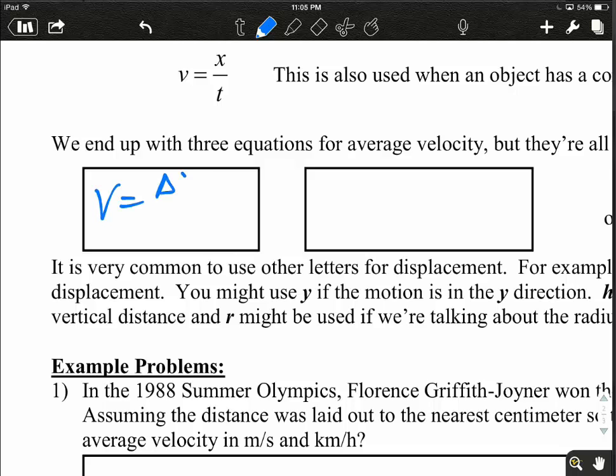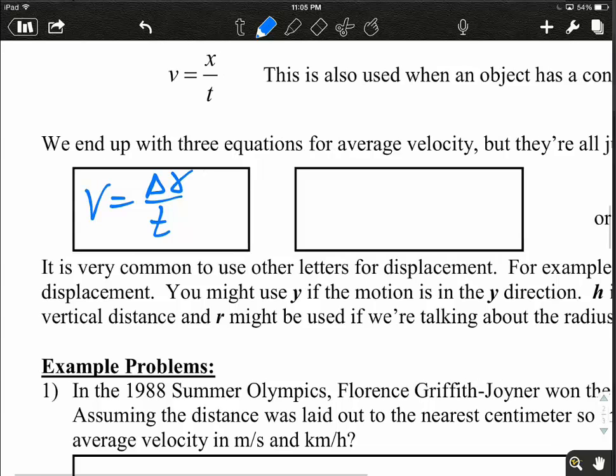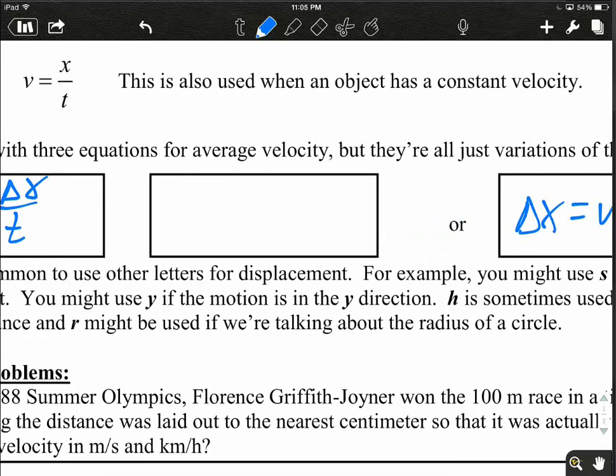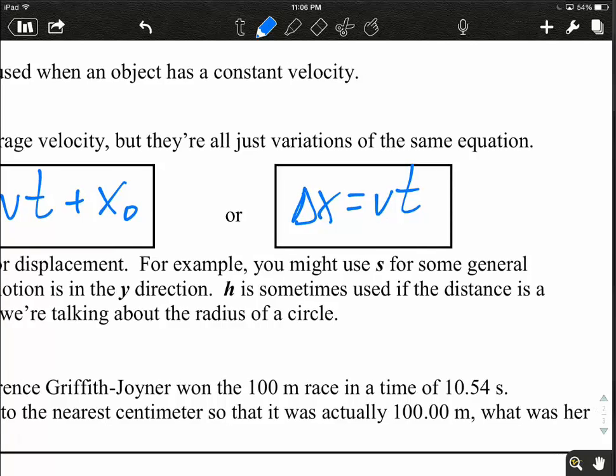Some people write it this way. That's not very common. More people will tend to write it this way, and occasionally you will see it written like this. Because remember that this change in position is the final position minus the initial position.